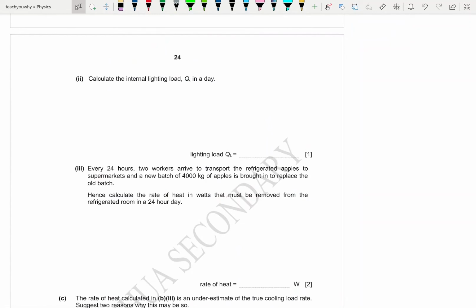So Q equals the number of lamps, 3, times the power, 100, times the time, 5 hours, so you need to convert to seconds. 5 times 60 times 60 times 100 times 3.